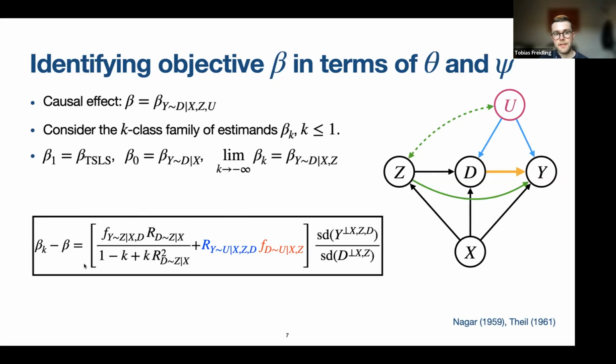And this formula actually helps us to identify our objective B. So if we just bring over our K-class estimate to the other side, we see that the objective that we care about, our beta, is identified in terms of these black parameters here, which we can estimate because they only depend on observable data. So these constitute theta, and we have this blue and this red term here, which also depend on U, and we use those as our sensitivity parameters psi.